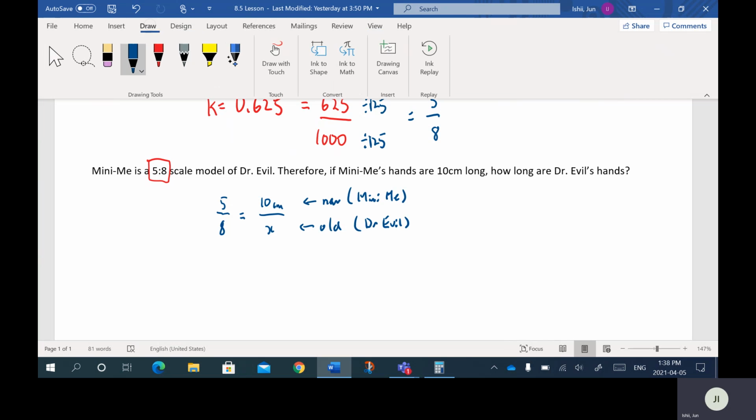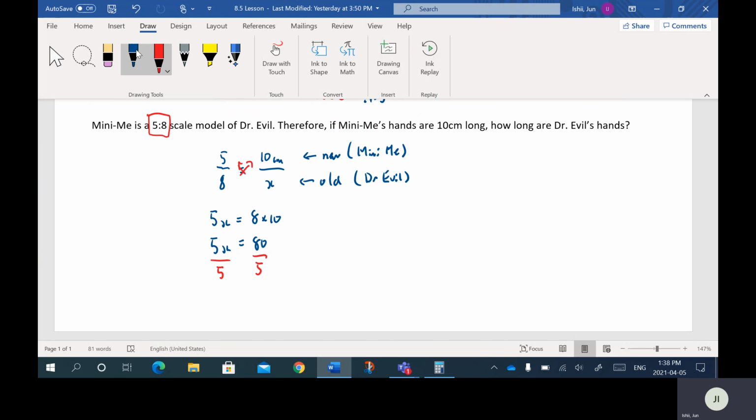If I solve for x, I'm going to cross multiply. So we get 5x equals 8 times 10. So 5x equals 80. If I divide both sides by 5, we get x equals 16.